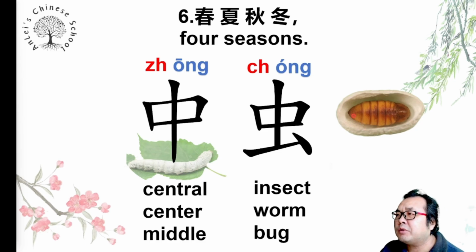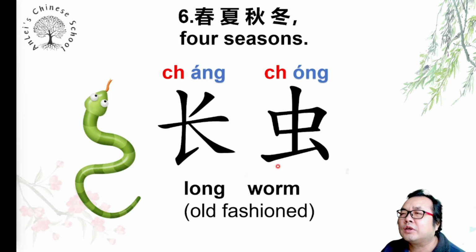The silkworm pupa was in the middle of the cocoon. You can also remember the chong in this way. The bottom part is like a silkworm. The pupa was in the middle of the cocoon. 长虫, 长, 虫. Long worm is an old-fashioned way to call a snake.